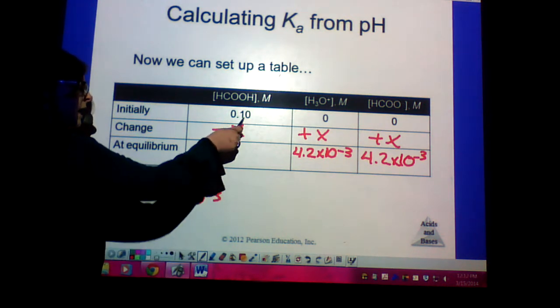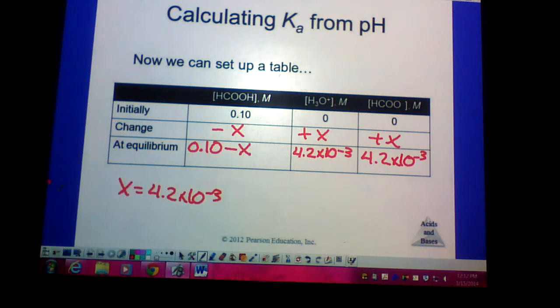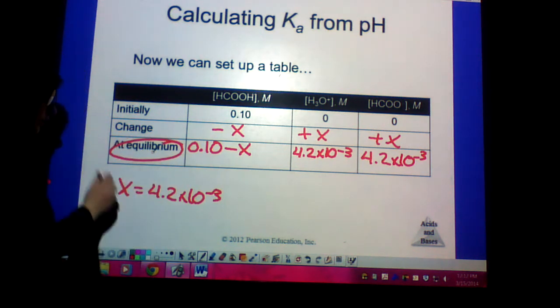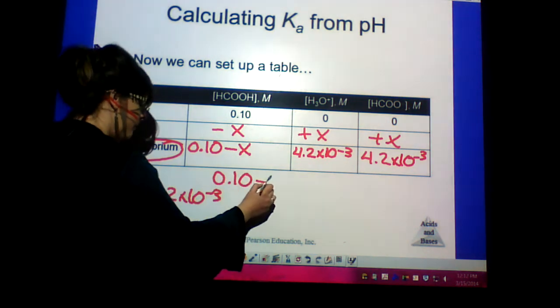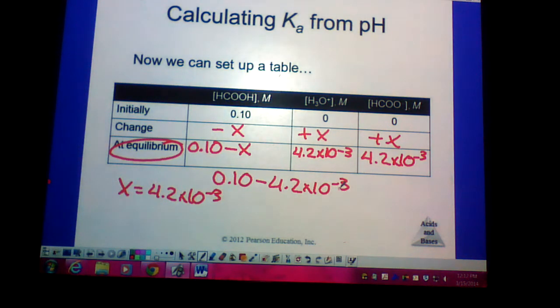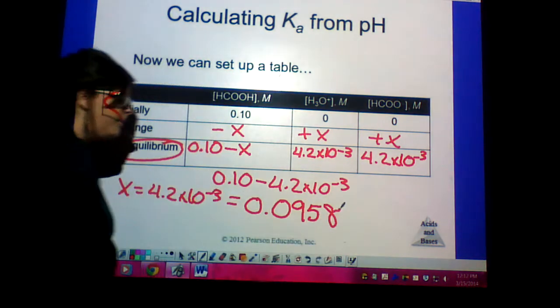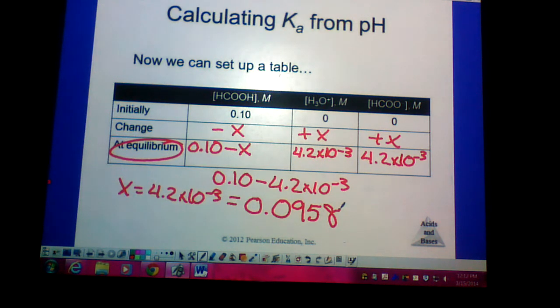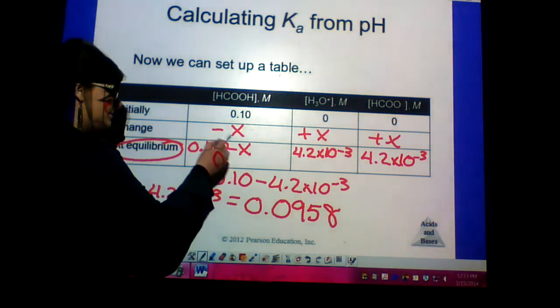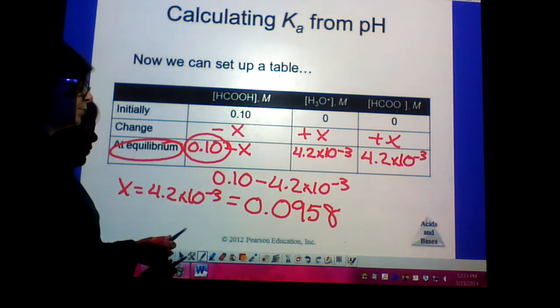So if X equals this, I can plug in: 0.10 minus X has to equal my equilibrium concentration here. I know X is this, so 0.10 minus 4.2 times 10 to the negative third. If I do that, you should get something like 0.0958. But isn't that close to just 0.10? Because that rounds to 0.10, I'm pretty much just going to leave this as 0.10.